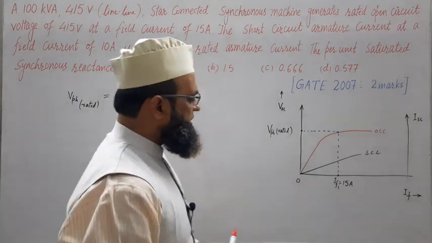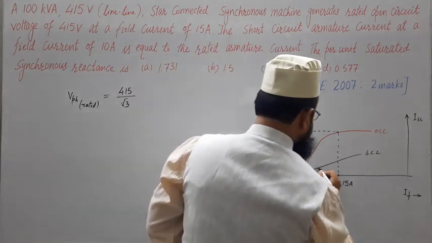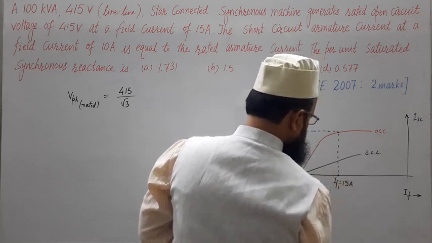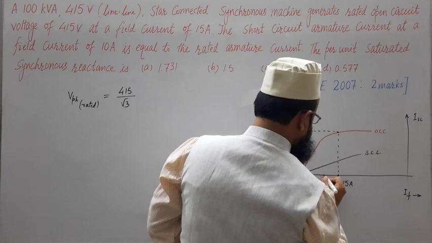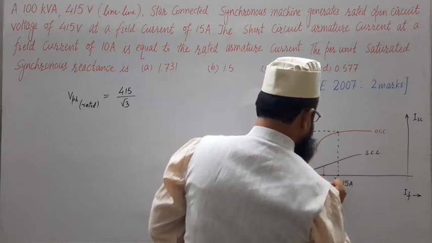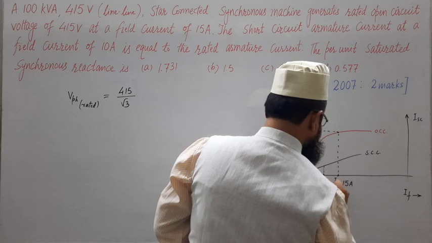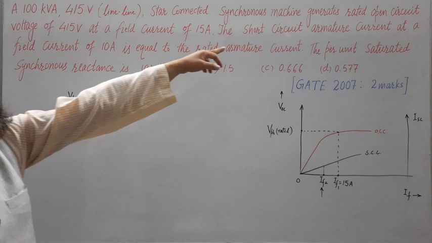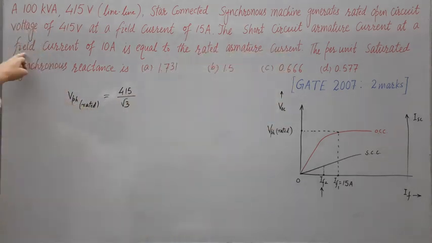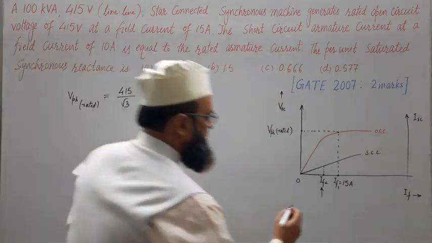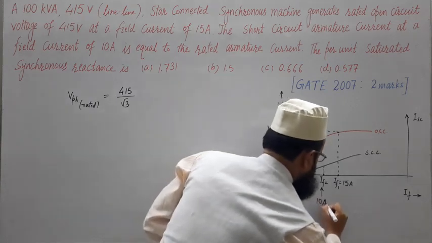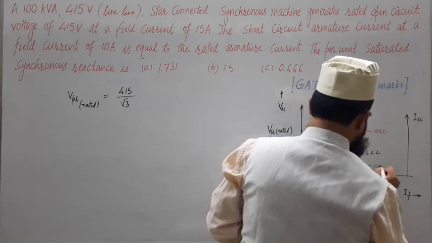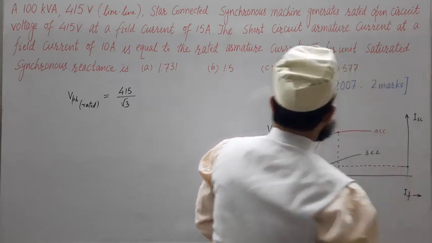Next, the short circuit armature current at a field current of 10 ampere, obviously 10 ampere is lesser than 15, so let us take it here. So IF2, this is 10 ampere, IF2 is 10 ampere, and the corresponding short circuit armature current will be this one.